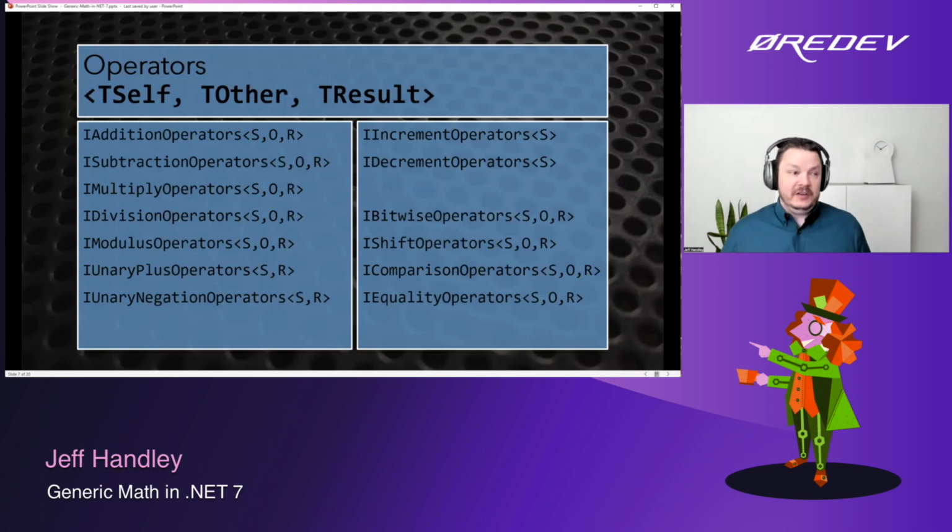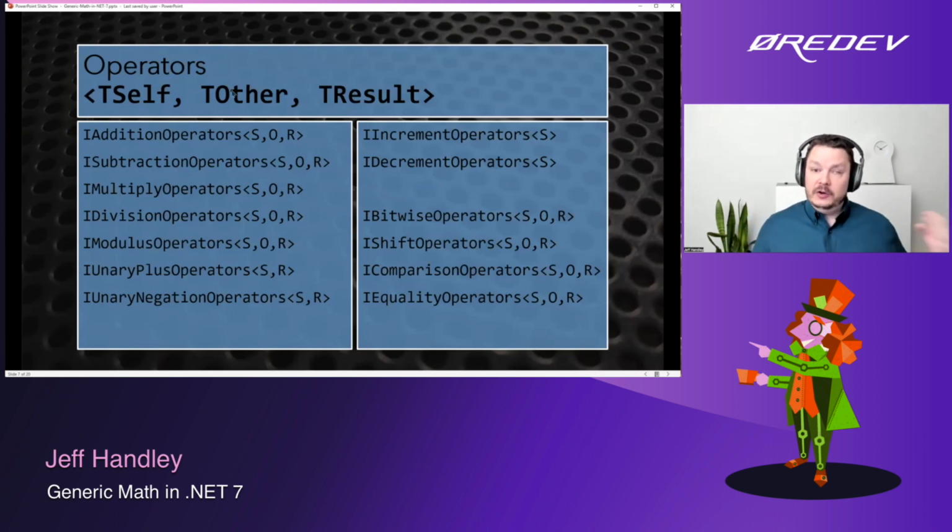What you can think about this as is left-hand side, right-hand side, and what's the result. So Int32 plus Int32 equals Int32 is going to be an IAdditionOperators<Int32, Int32, Int32>. So Int32 will implement IAdditionOperators<Int32, Int32, Int32>.